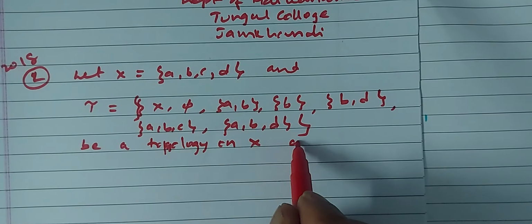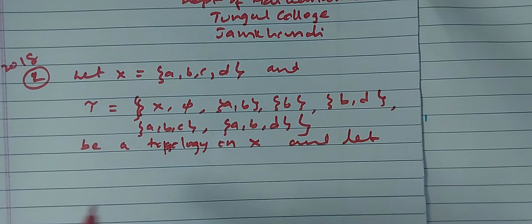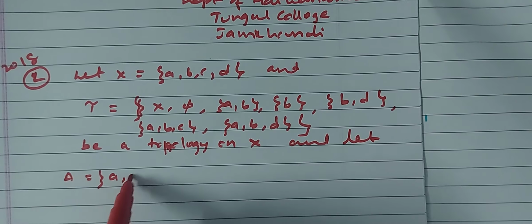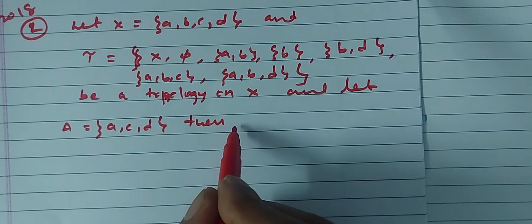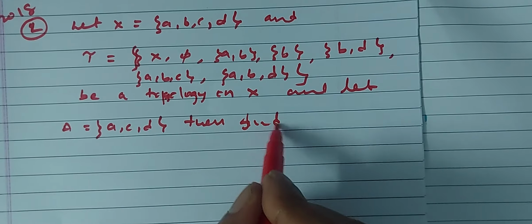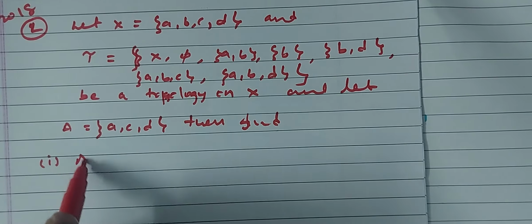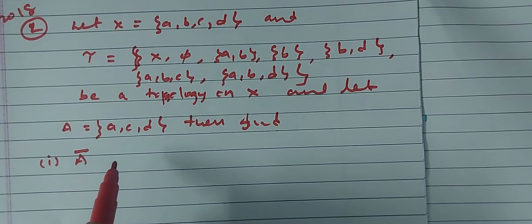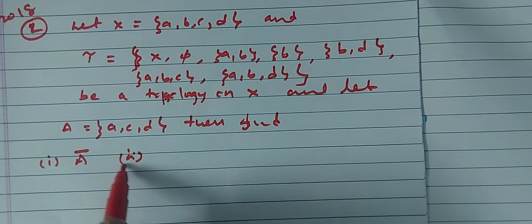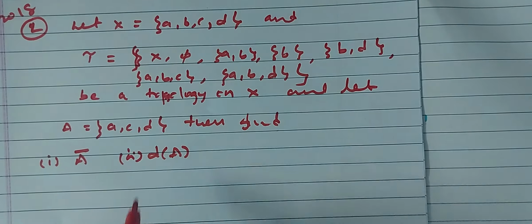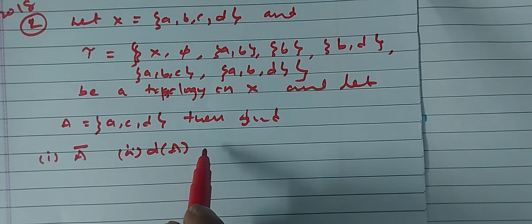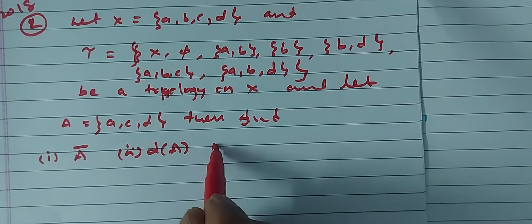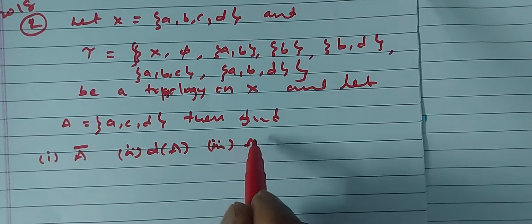And let capital A be the set {a, c, d}. Then find: first, A bar, which is the closure of A. Second, D of A, the derived set, which is the set of all limit points of A. Third, the interior of A, that is A power naught.